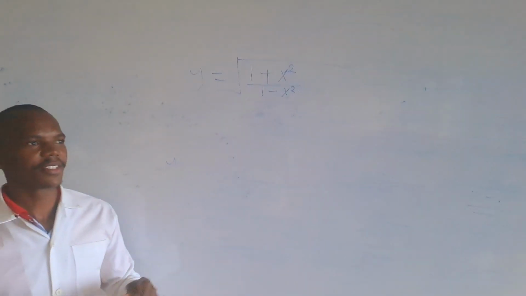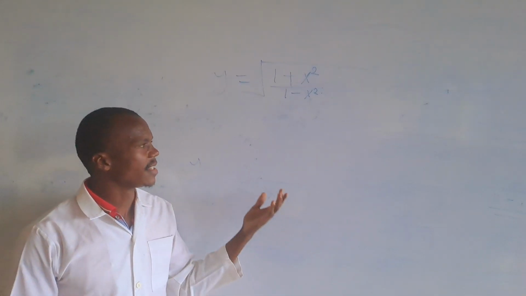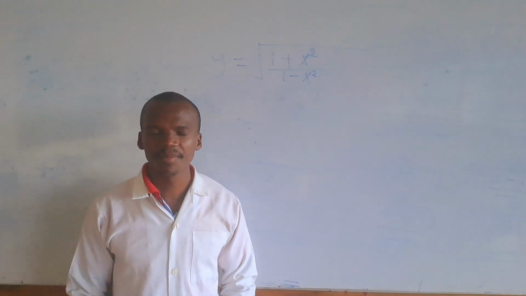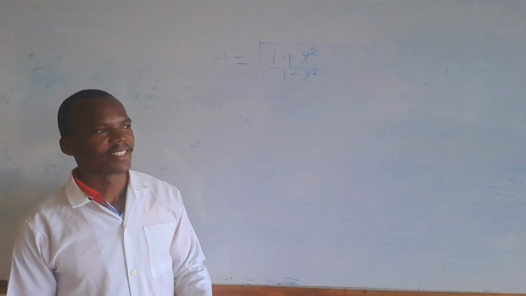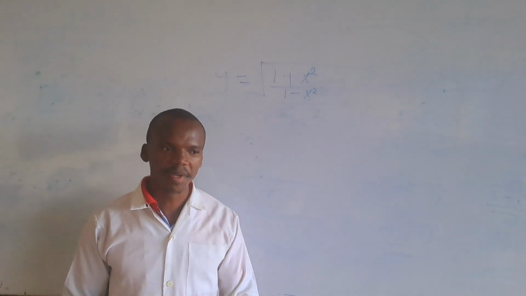If you take this kind of example, you might be worried. You might think that it is hard, but let me assure you this is the simplest sum that you should solve in a few minutes.